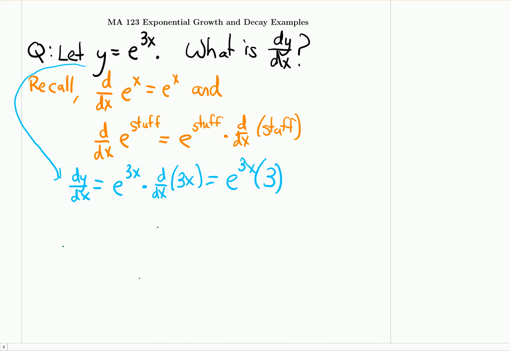Okay, so one thing that I want to point out is notice that when we took the derivative, e to the 3x, which was y, is showing up in this. So another way that we could write this is dy/dx is 3 times e to the 3x. So I could write y for that. e to the 3x, that was the same thing as y.